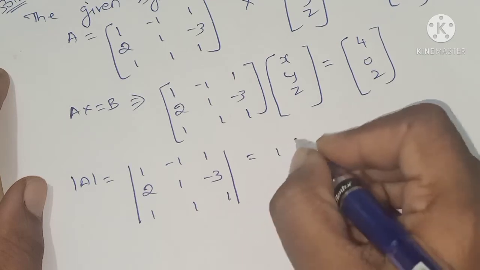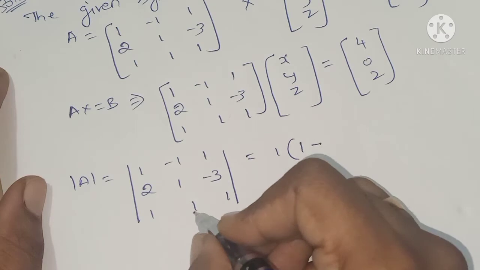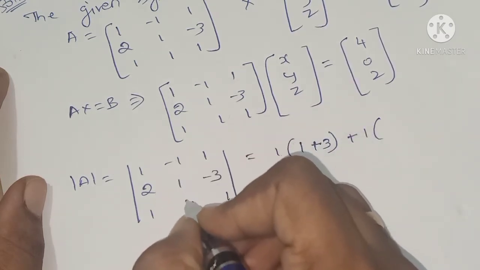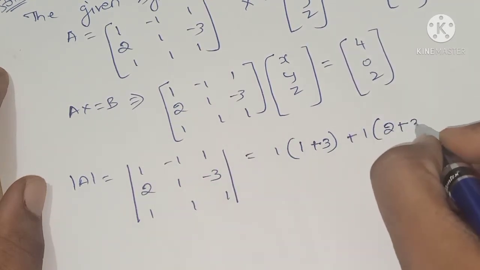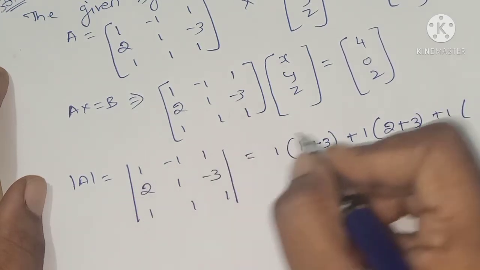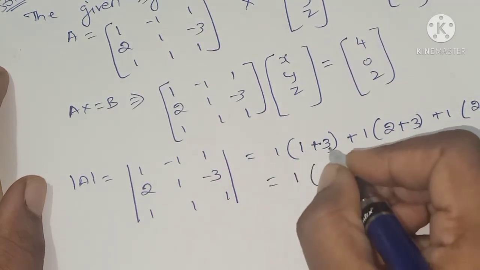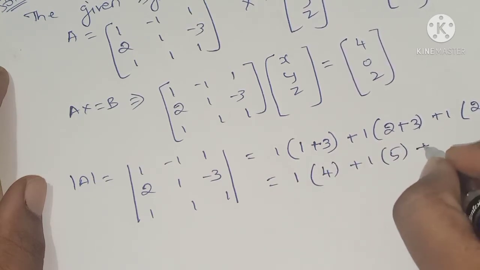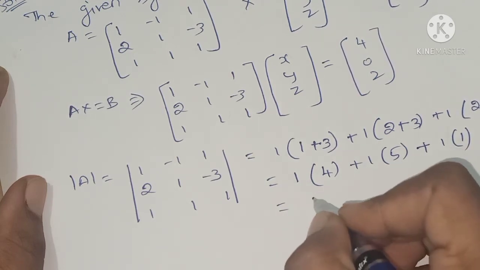This is equal to 1 into, when I hide the first row and first column, we get 1 minus of minus 3, so this becomes plus 3, plus 1 into, hide the second column and first row, we get 2 plus 3, plus 1 into, hide the first row and third column, 2 minus 1. So this is 1 into 3 plus 1 is 4, plus 1 into 2 plus 3 is 5, plus 1 into 2 minus 1 is 1. So 4 plus 5 plus 1, the value will be 10.